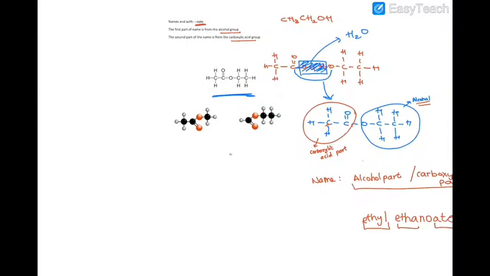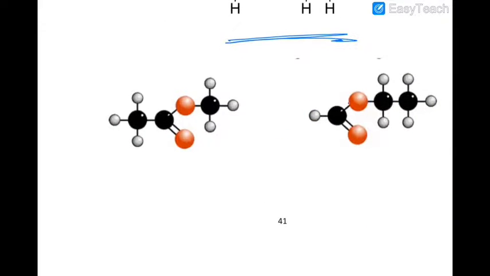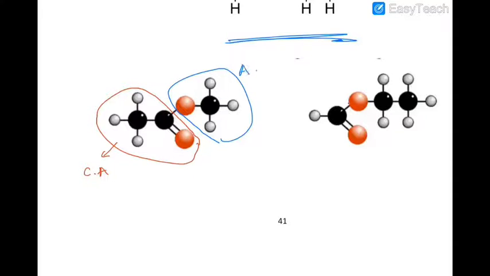Here, let's try to name this one. So when you look at this ball and stick diagram, this is the double bond O. So you can see that this is the carboxylic acid, and this part over here, single bond O, this is the alcohol part. So when you're naming, you will always start with the alcohol.